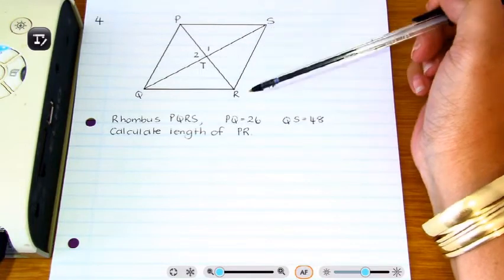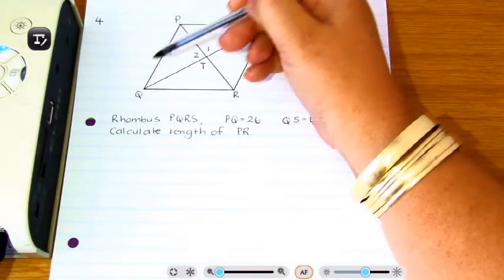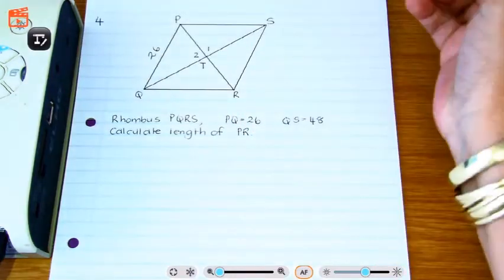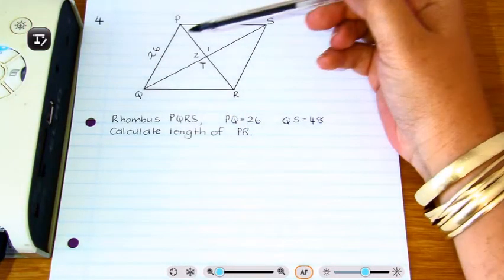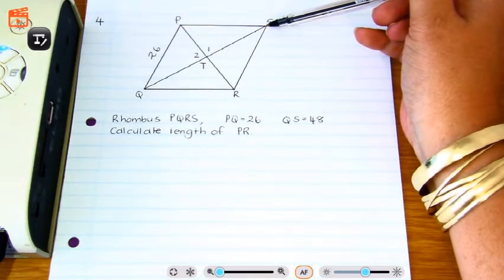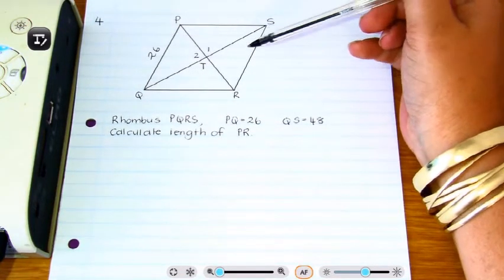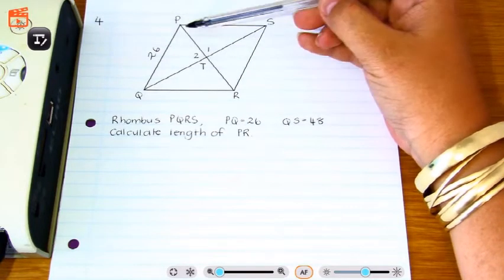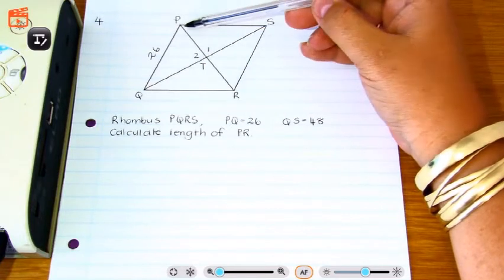They then tell you that PQ, so this length here, is 26 centimeters. I'm going to fill that in. They tell you that QS, so this diagonal there, is 48 centimeters, and they're asking us to calculate the length of PR, so this diagonal here.